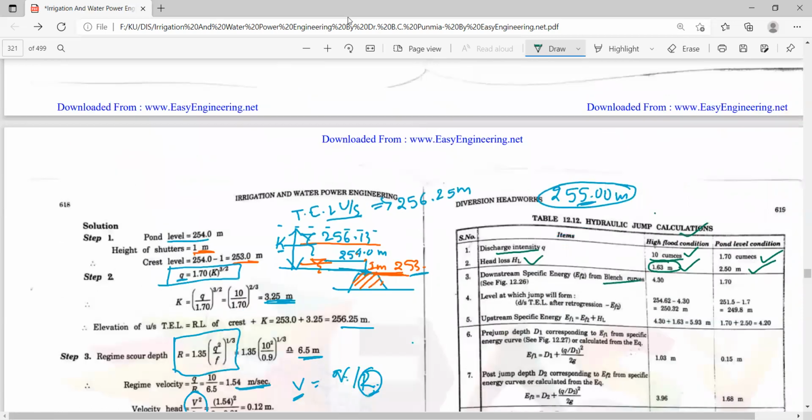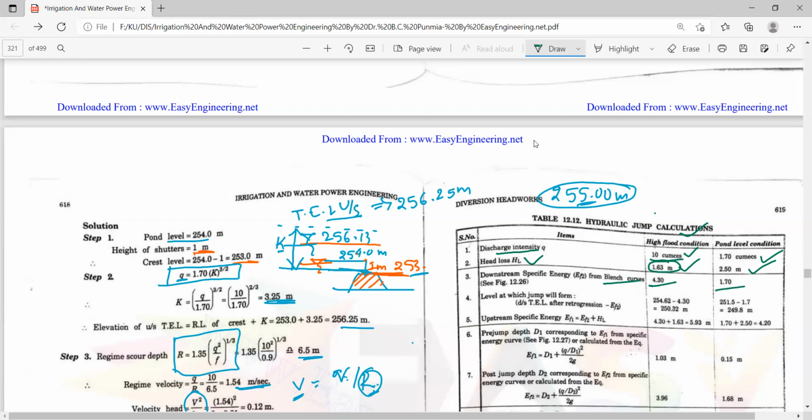From the Blench curves, we need to take the specific energy. If you consider the loss of head is 1.63 meters, then the specific energy EF2 will be 4.3 meters. If you consider the pond level condition, it is 1.70.